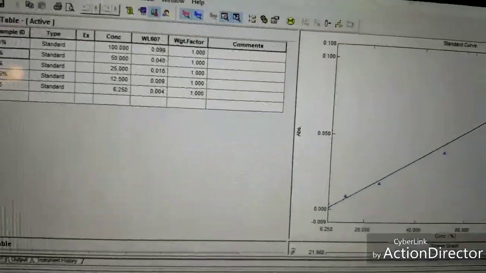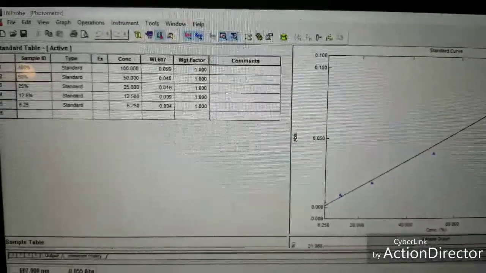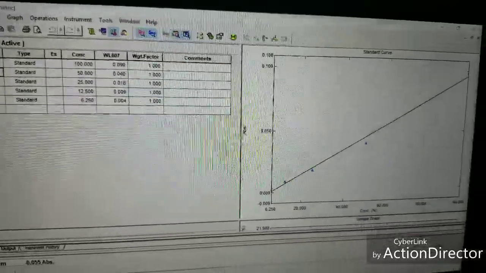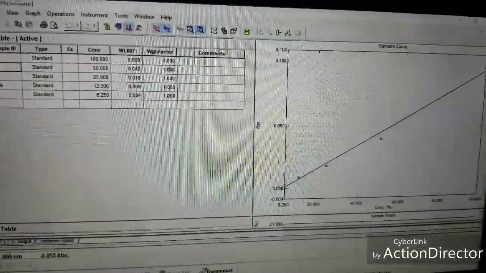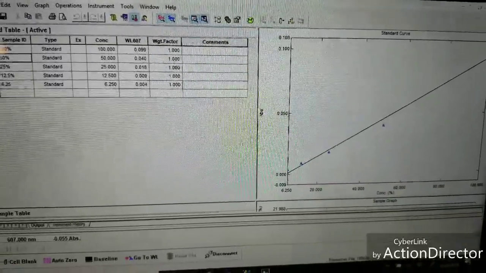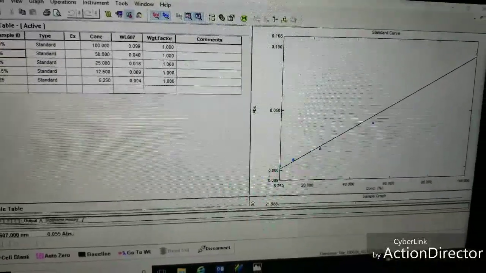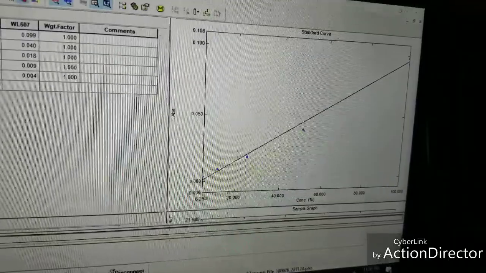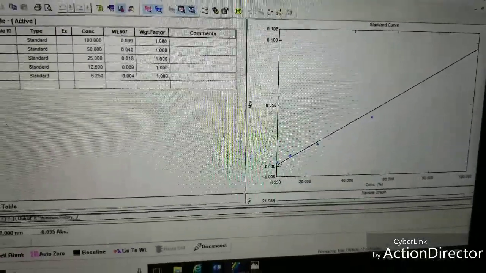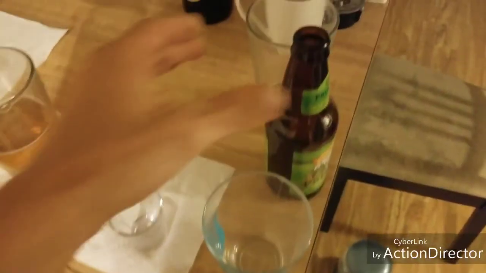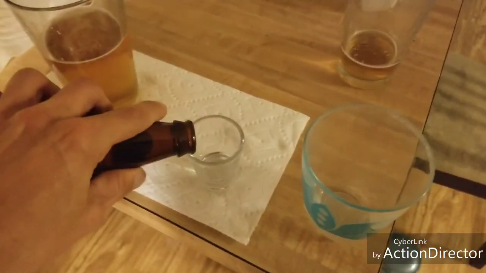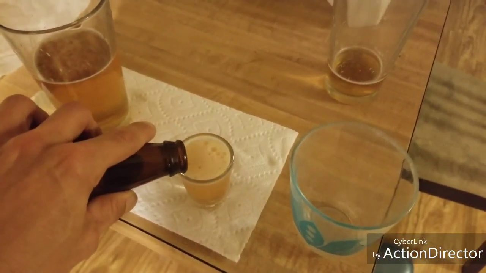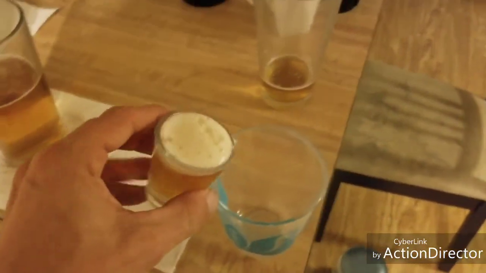So using this calibration curve, I should be able to just dilute a beer and throw it in here, and it should be able to tell me exactly what percent it is. Well, not exactly. This is not the best calibration curve I've ever seen, let's put it that way. But as I said, for kitchen chemistry, not too bad. Okay, so I'm going to dilute down this IPA. I'm just going to measure out 1 shot into here, as close as I can, and pour it into here.